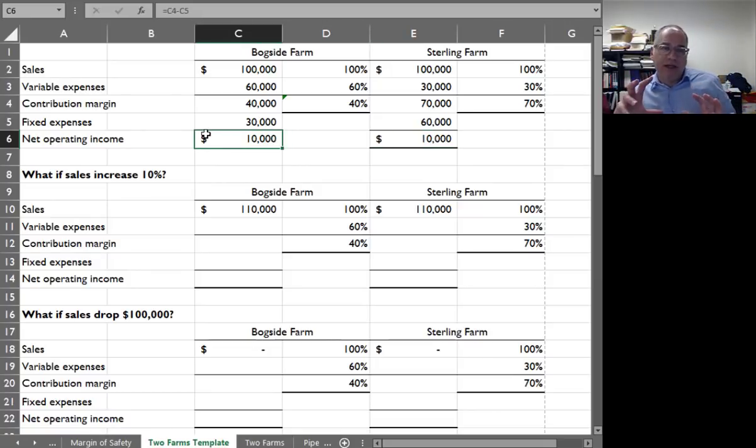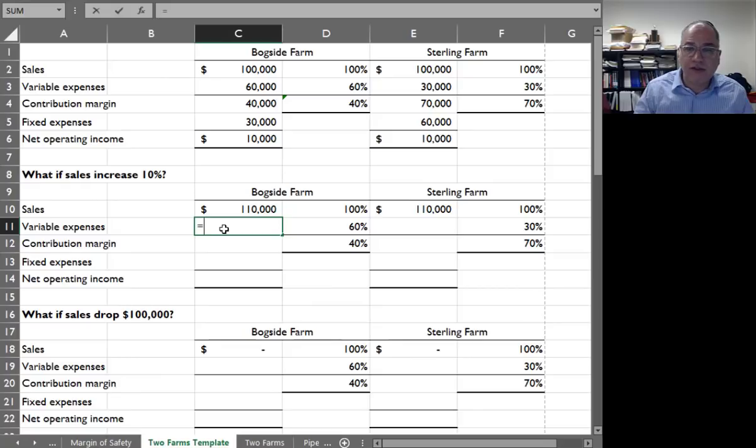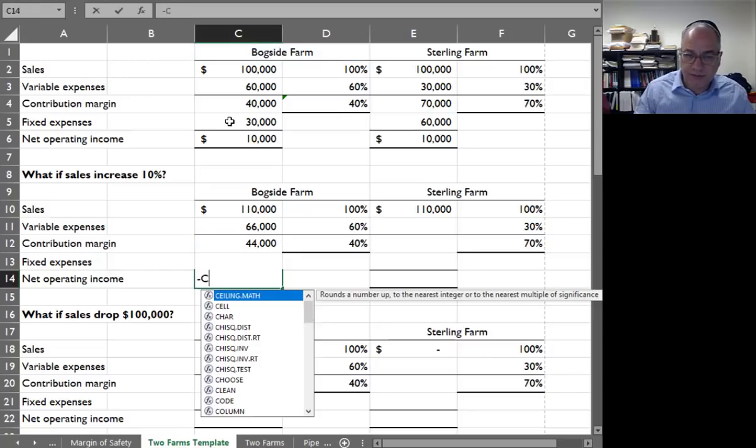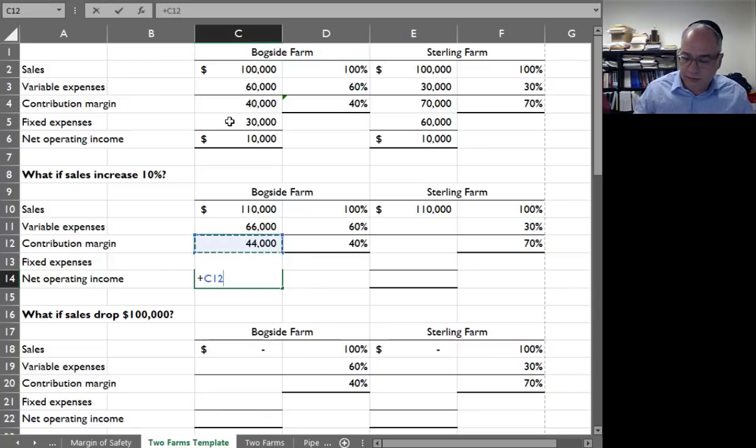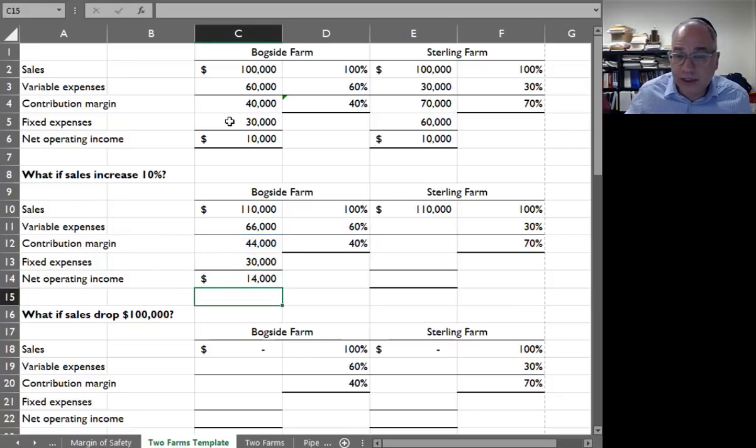So let's see what would happen if sales change and how that would impact each farm's income. And you've got to remember that both farms have the same net operating income to start. So let's say sales increase 10%. Your variable expenses for Bogside Farm would be 66,000, and your contribution margin would be 44,000. Your fixed expenses would remain at 30,000, and therefore your net operating income would be $14,000.